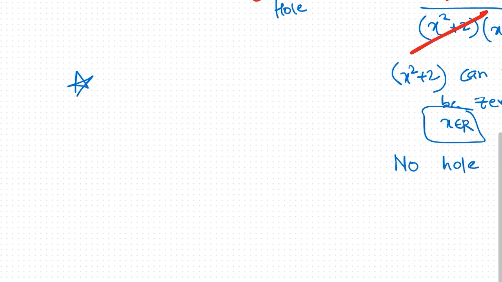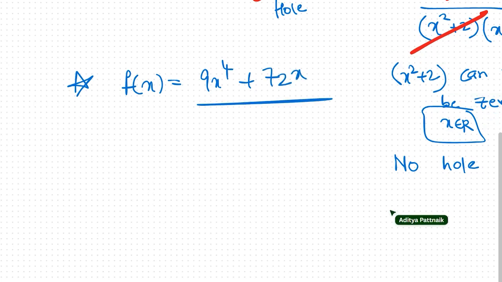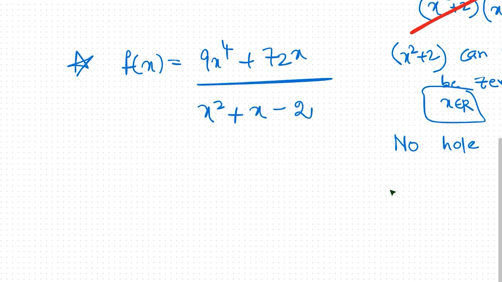Let's try this one. Let's say f of x is equal to 9x to the power 4 plus 72x over x squared minus 2x plus 1, like this. Same question, find the holes.